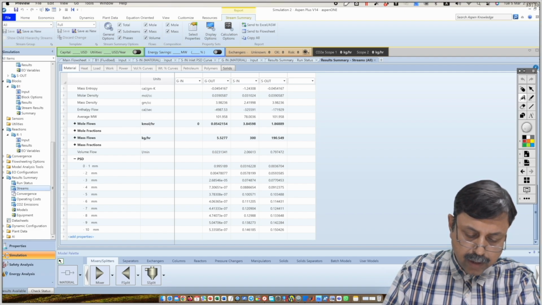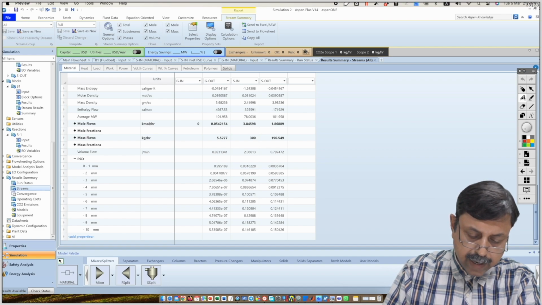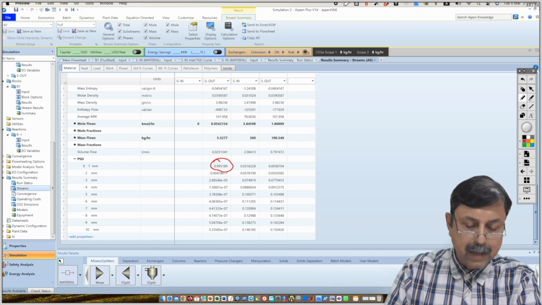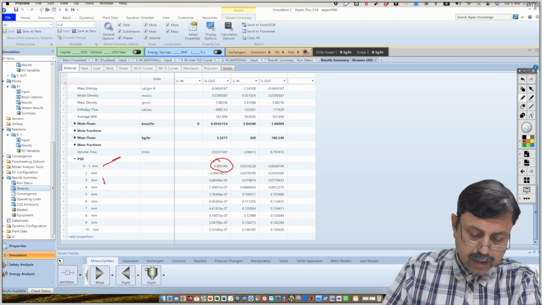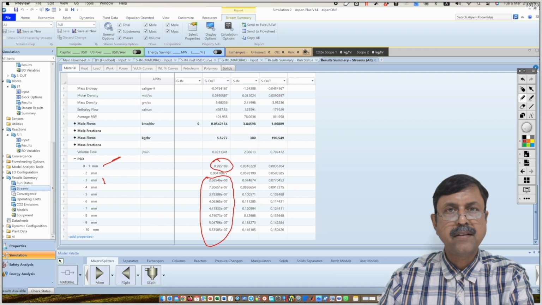In the gas outlet, mostly you will find 99.5% of solid particles lie between 0 to 1 millimeter. And when the particle size goes beyond 3 millimeter, the amount in the gas phase is very low.